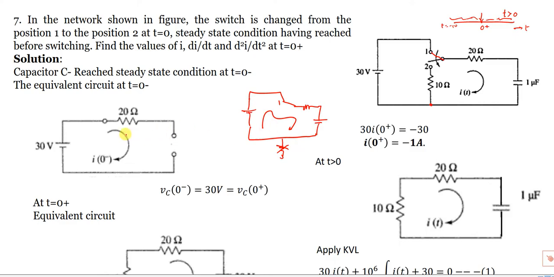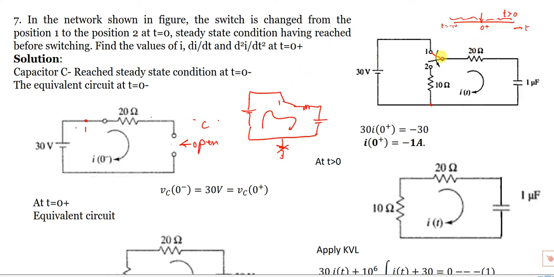Now the switch is in position number 1. The capacitor acts as an open circuit. Before switching, this is called t minus.